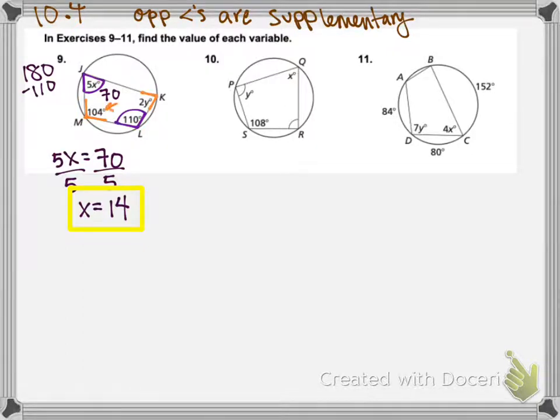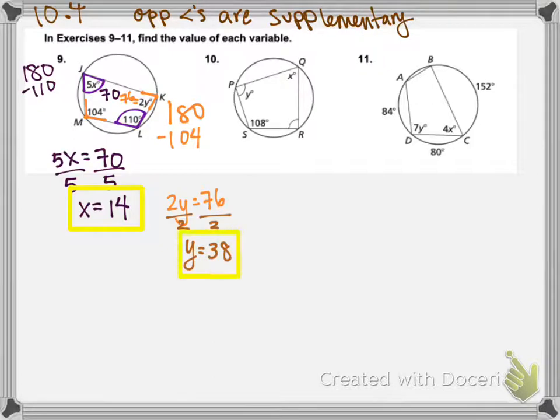So if m is 104, that means this one is equal to 76, because 180 minus 104 is 76. So 2y equals 76, divided by 2. So y will equal 38.